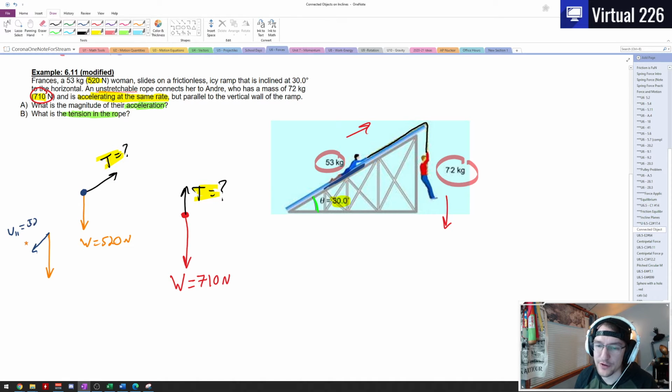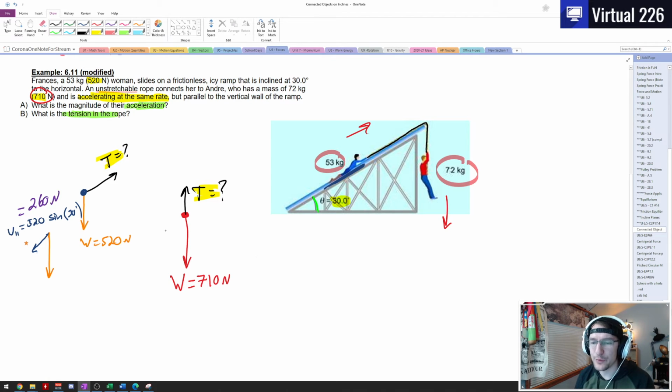So that's 520, because that's mg, multiplied by the sine of 30 degrees. And if you know anything about your unit circle, sine of 30 degrees is equal to 1/2. So the actual force pulling her back down the plane here will be half of 520, which should be 260 newtons. That's how much force is actually acting down the plane here.